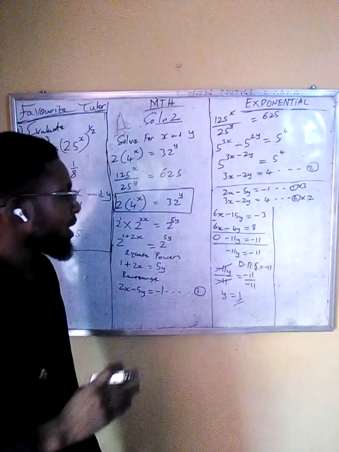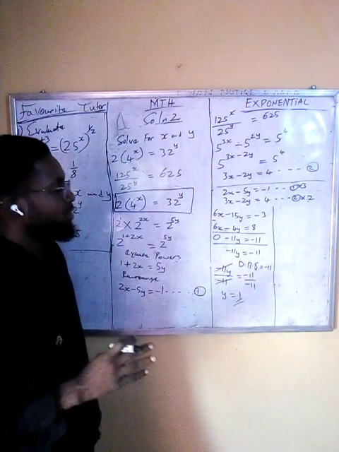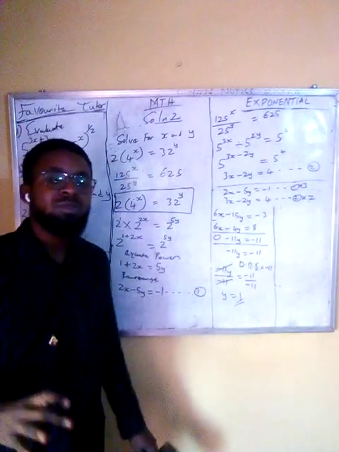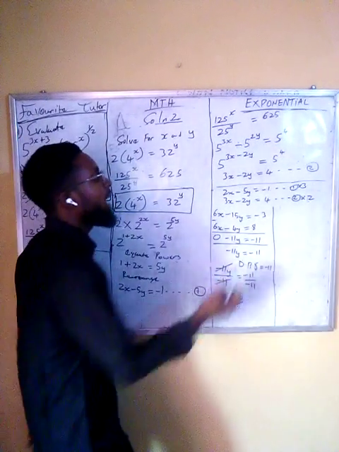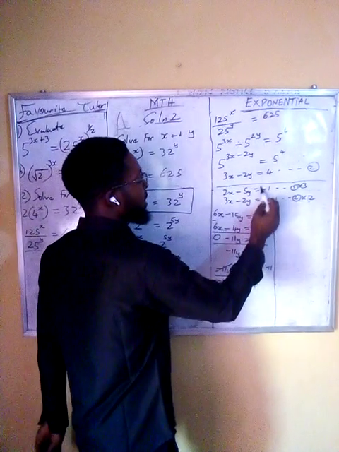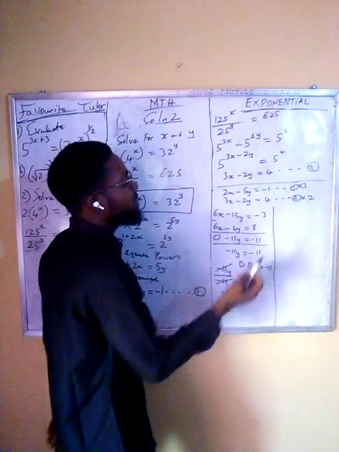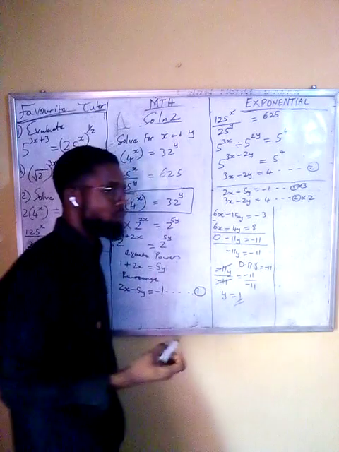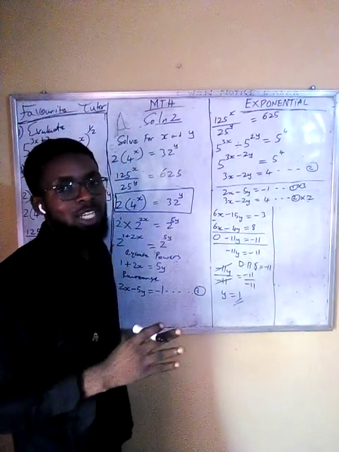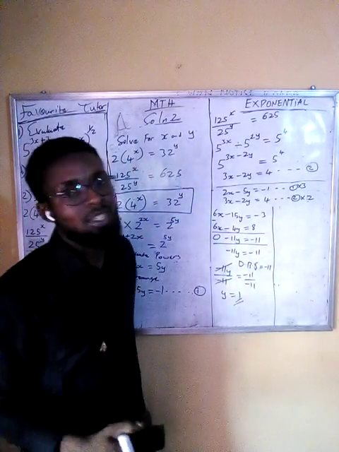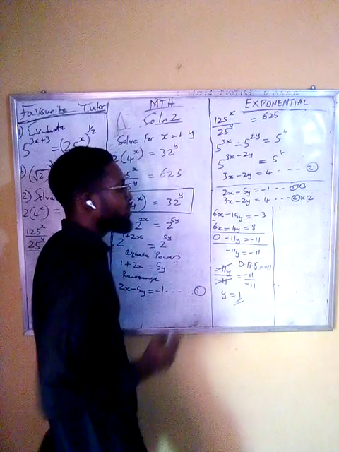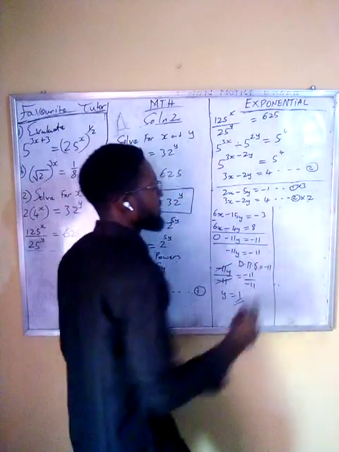So let us look for the value for x. Now that we have the value for y, we can substitute y into either equation 1 or equation 2. The most interesting part is that you will get the same answer. Alright, let us substitute y into equation 1.